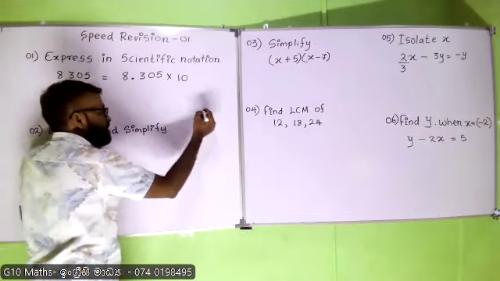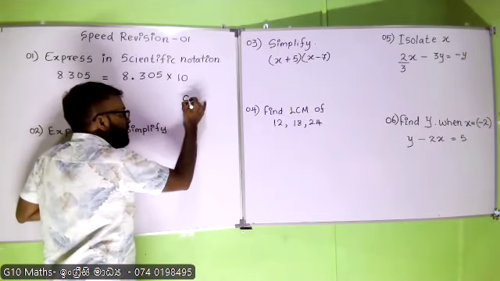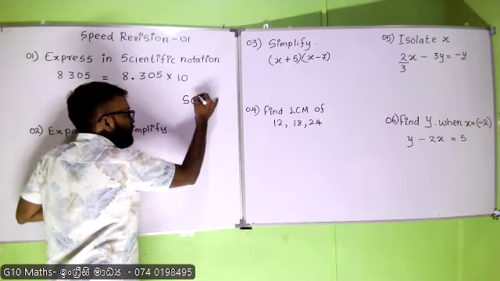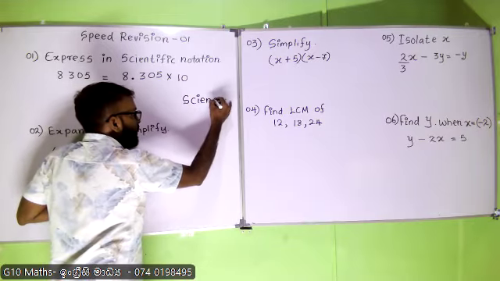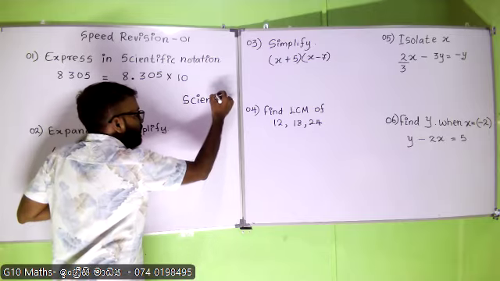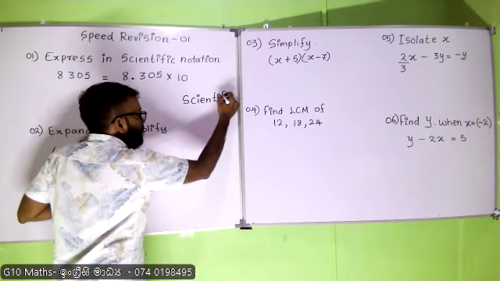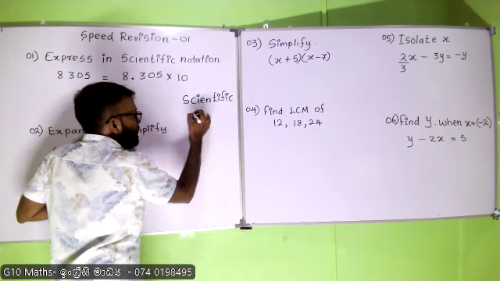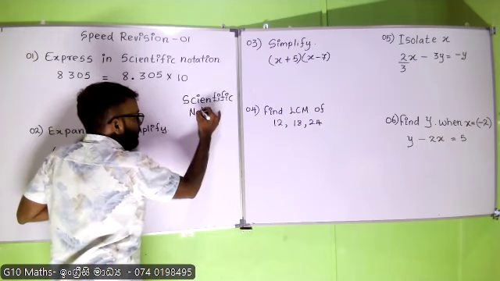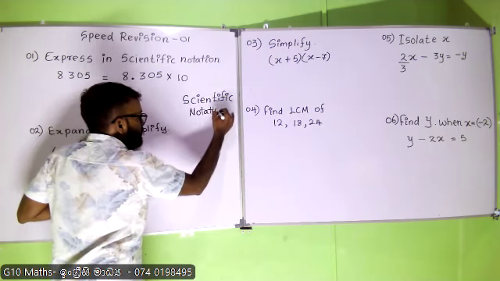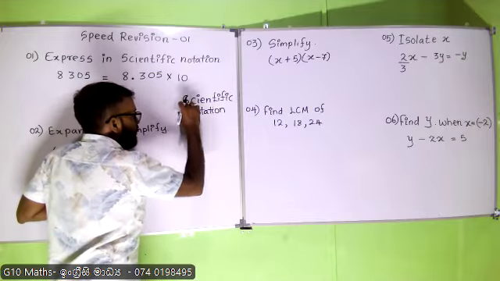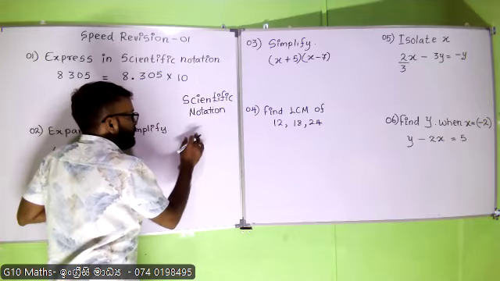In scientific notation, this is a short note for converting a regular number into scientific notation.